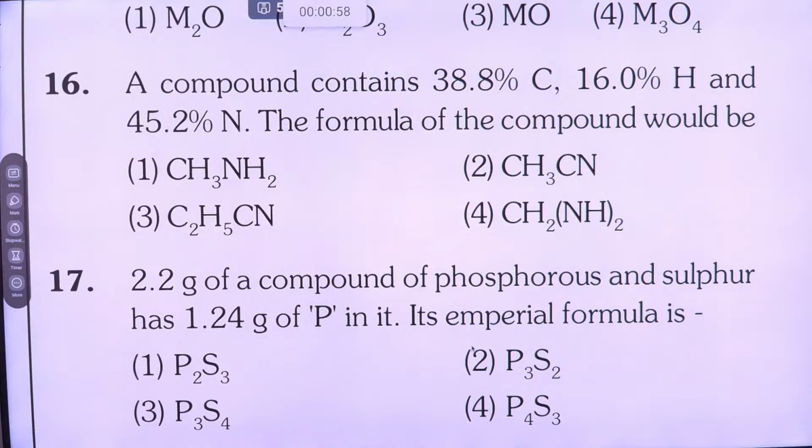2.2 gram of a compound of phosphorus and sulfur has 1.24 gram of phosphorus in it. Its empirical formula is, so we have to know the mass of phosphorus and the mass of the sulfur.